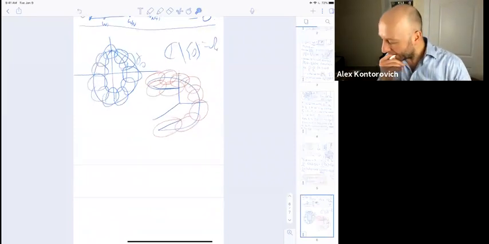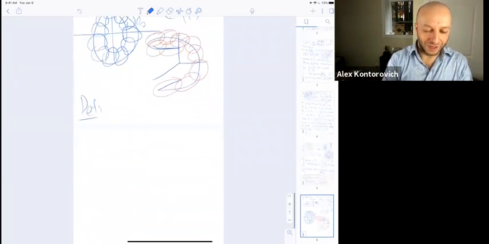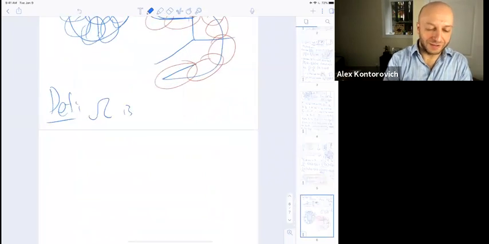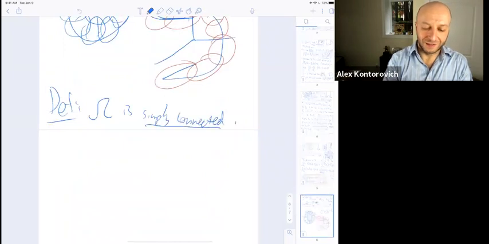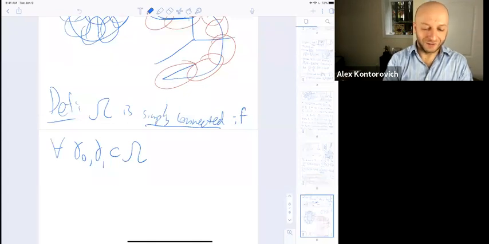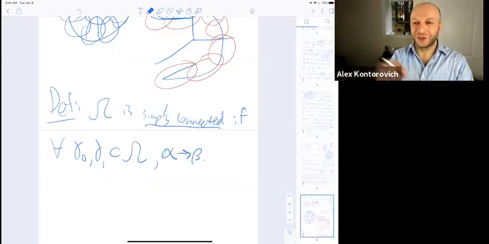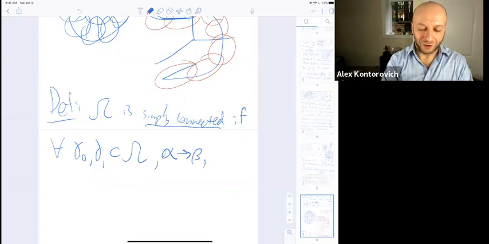so, next, definition. I mean, exactly to avoid this kind of stuff, definition: a region omega is simply connected if for every pair of curves lying in omega going from alpha to beta, in other words, having the same initial point and the same endpoint, they are homotopic.